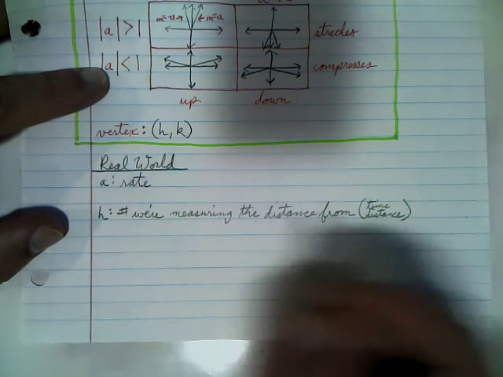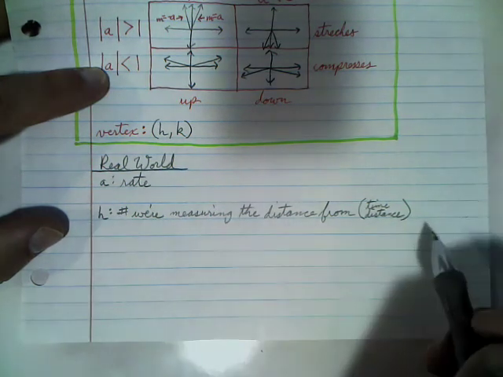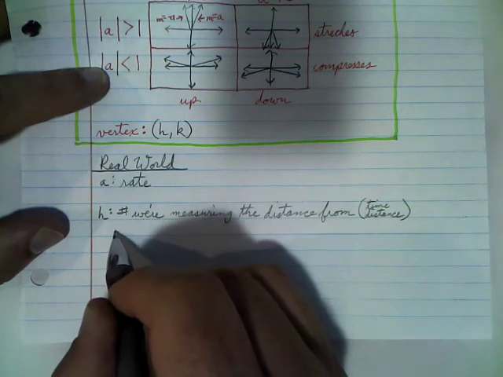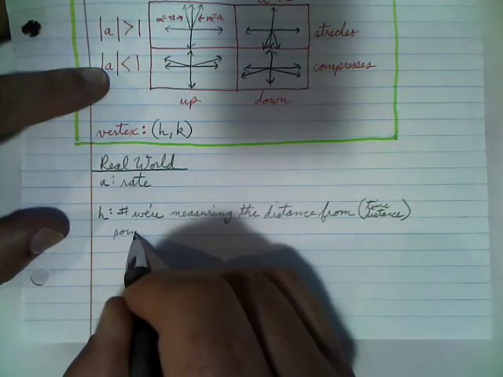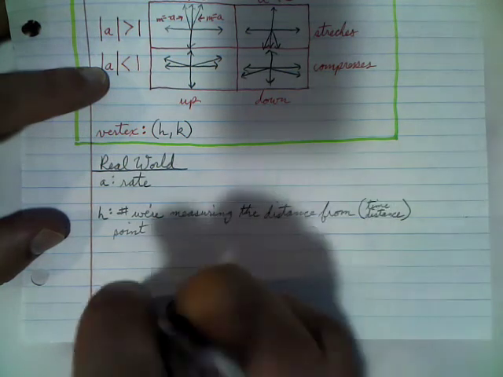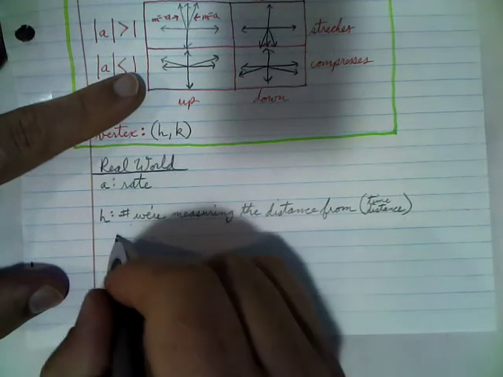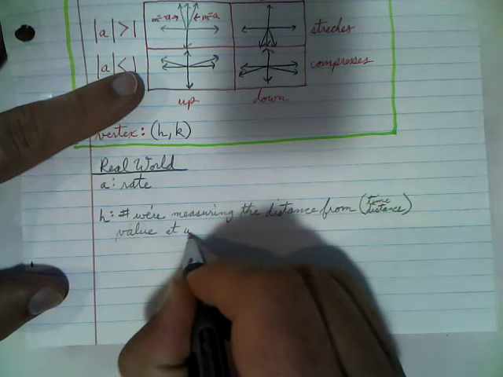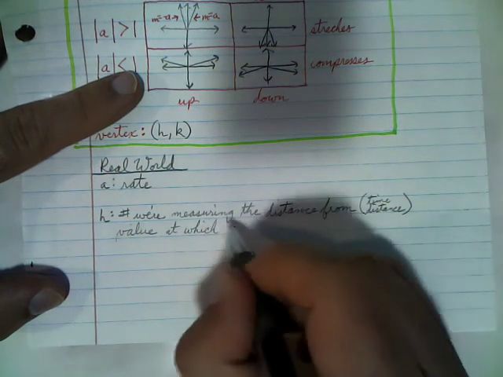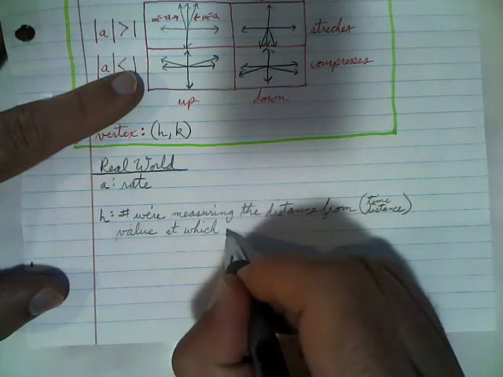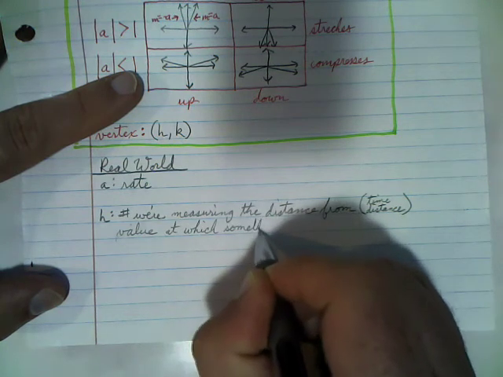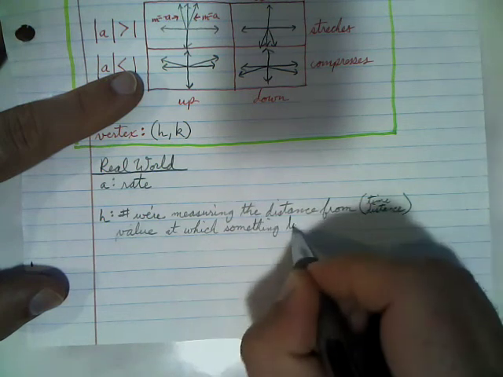So along the same lines here, h in the real world can be a value at which something turns.